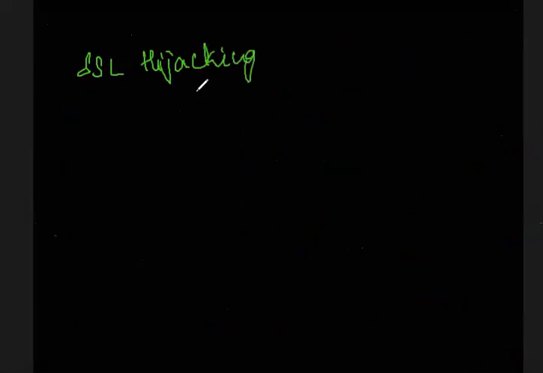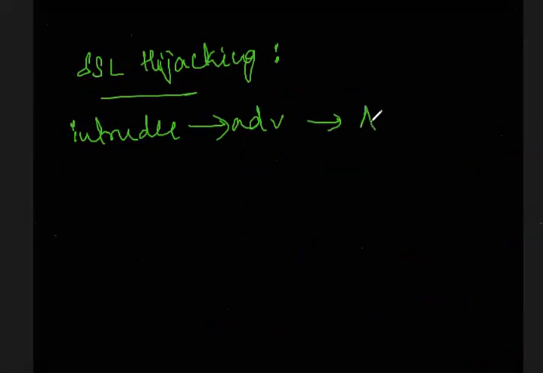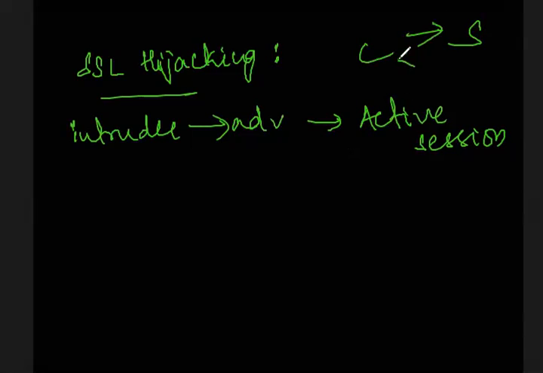What happens within this SSL hijacking is that the intruder or the attacker tries to take advantage of an active session. That is, a person that is currently engaged with the server, where the client and server are exchanging information. This intruder is going to make use of this active session.